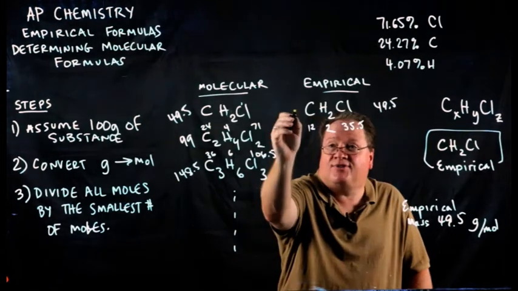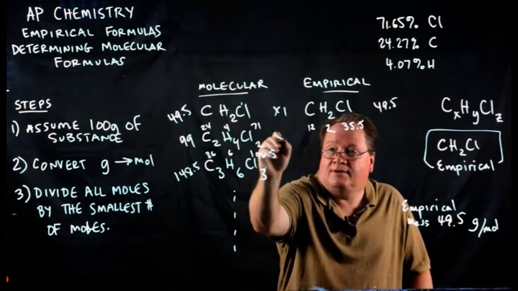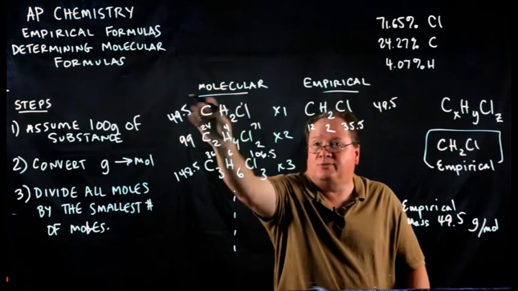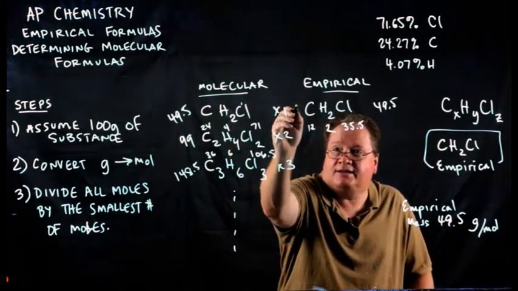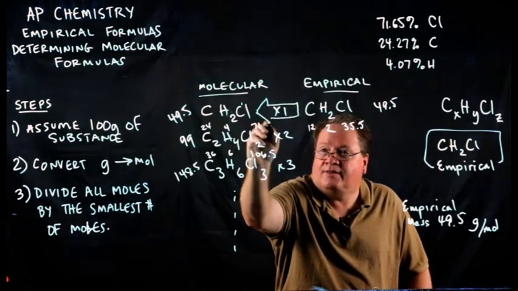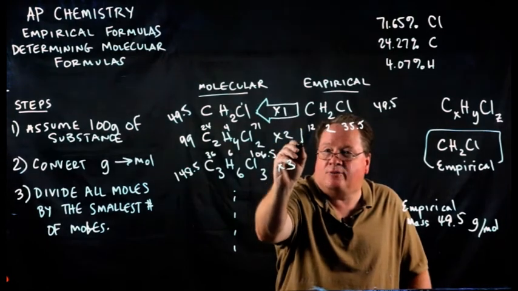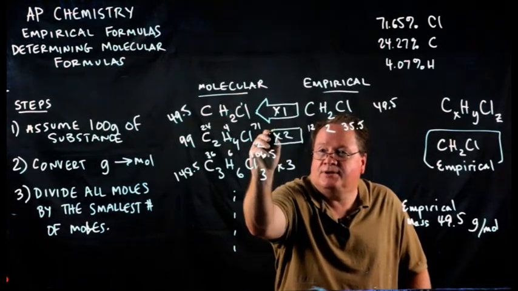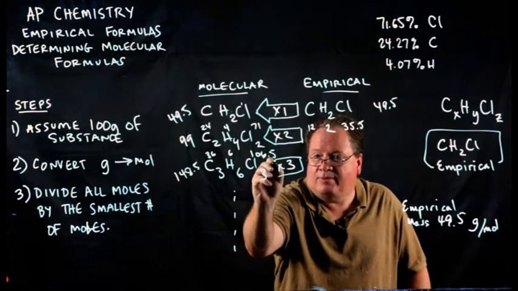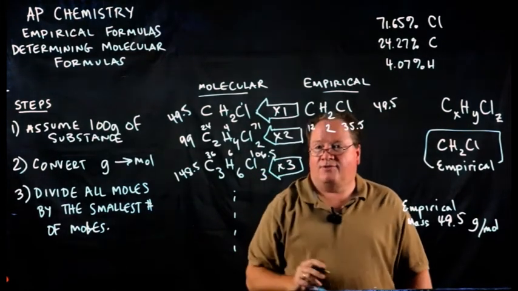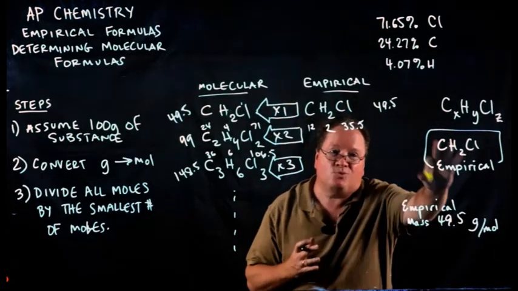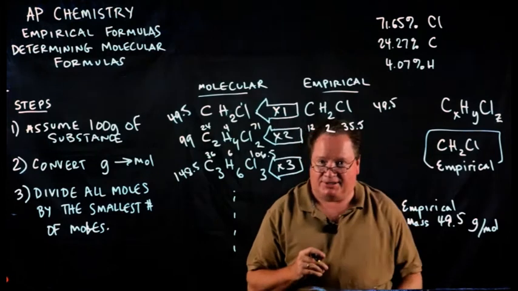And so what I'm saying here is in every case to go from empirical to molecular, I'm going to have a multiplier. There has to be a multiplier that will allow me to convert from empirical into molecular. Our problem is we don't know what the multiplier is.